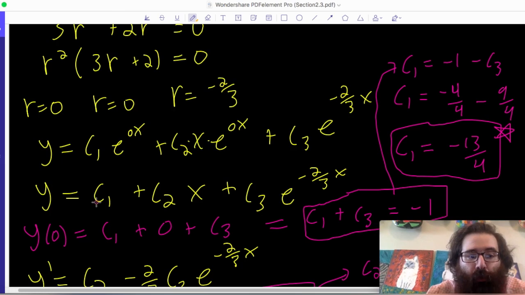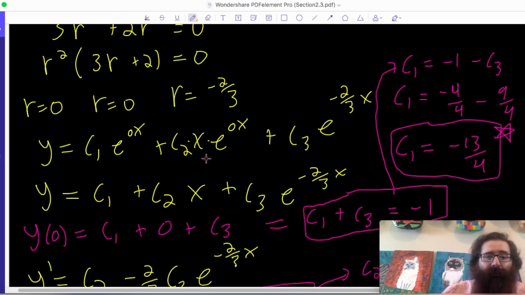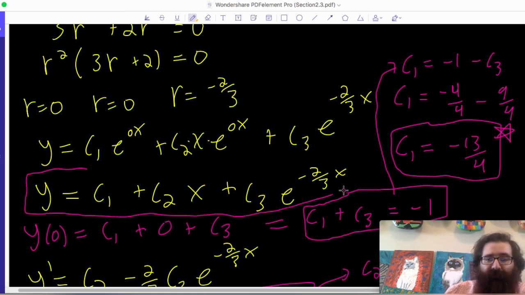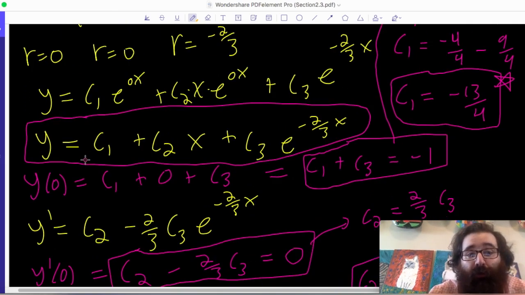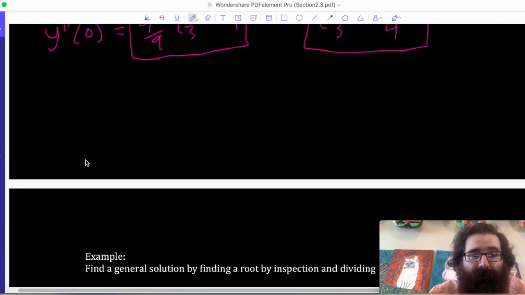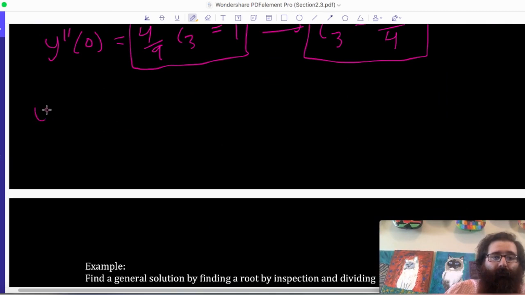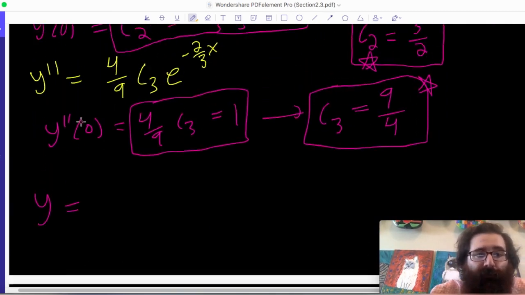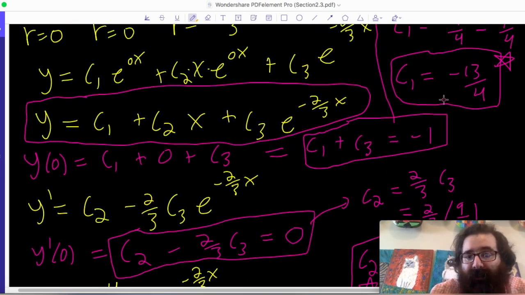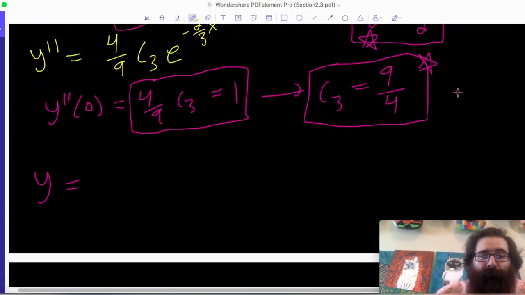So now I just want to go back to this general solution that I had and rewrite it in terms of these new coefficients. I know what the coefficients are now, so I know everything about my solution. So I shouldn't call it a general solution anymore. It's now going to be my particular solution. So y is equal to, first, it was c sub 1 by itself. That's -13 over 4.